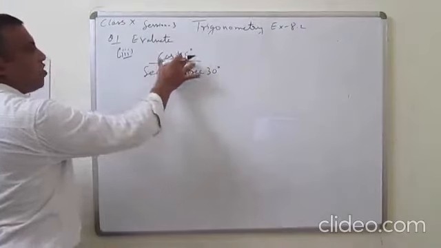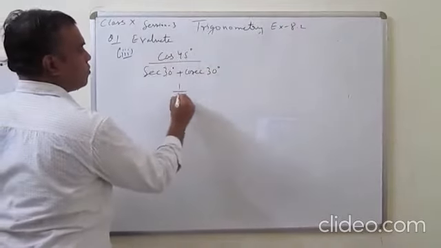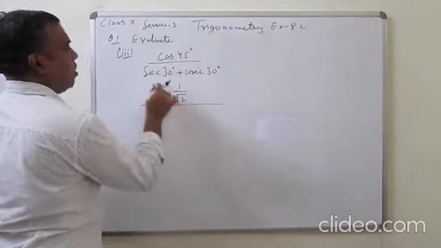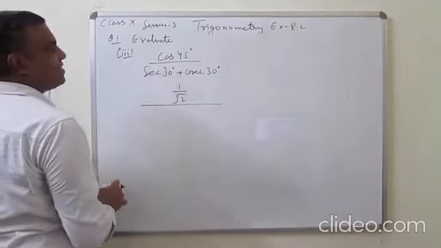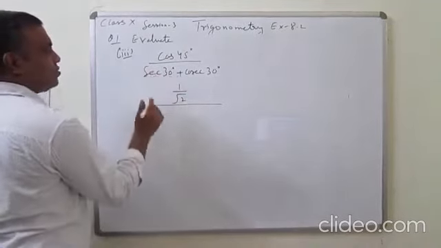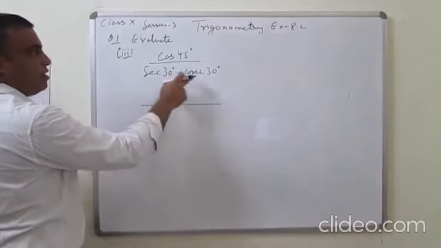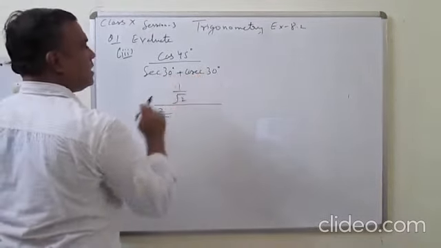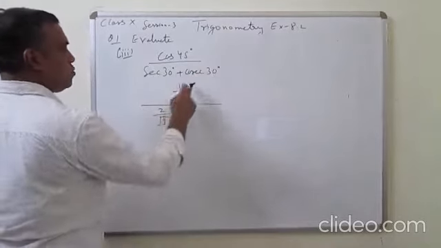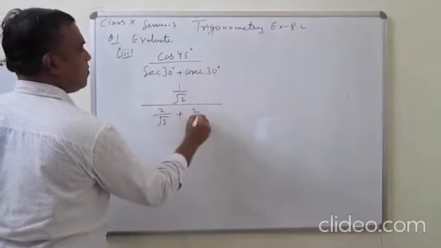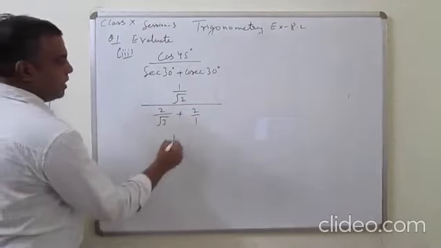We know that cos 45 is 1/√2. Sec 30, what is sec 30? Sec 30 is 2/√3, reciprocal of cos 30. Cosec 30, what is sin 30? 1/2. So cosec 30 is 2 upon 1. Now take the LCM.